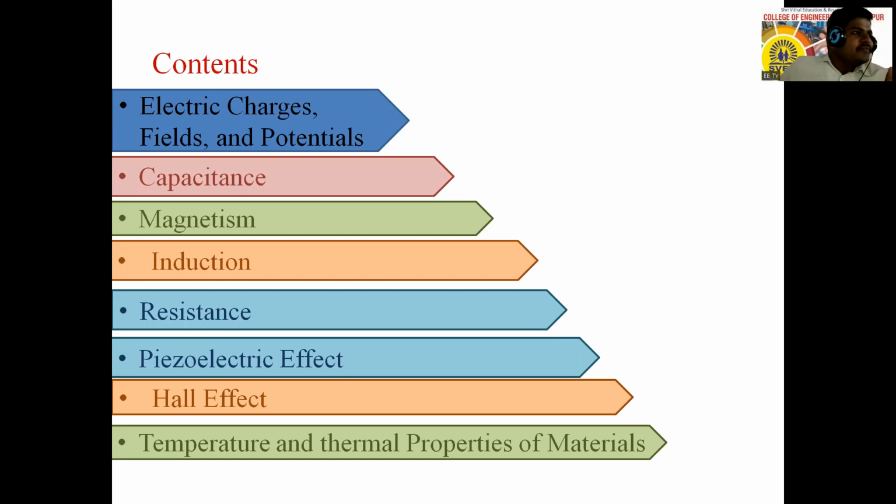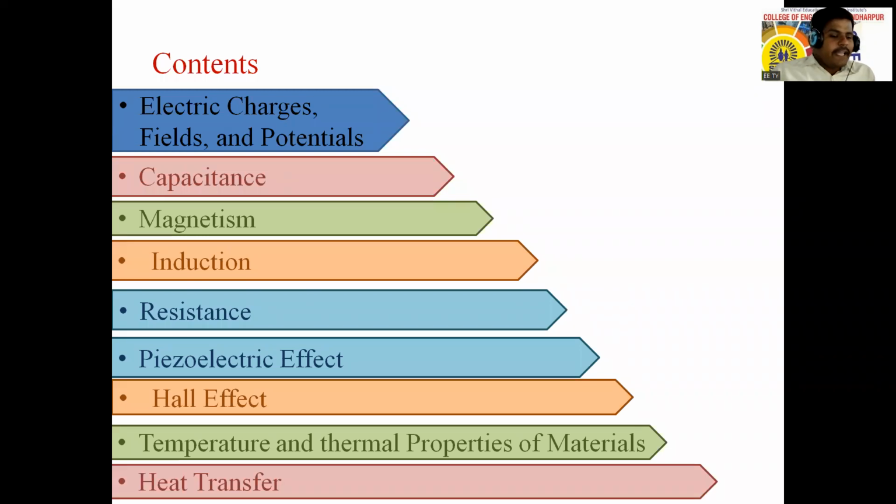So temperature, and what are the thermal properties of material? Some thermal properties of material, this point also we want to discuss. Then heat transfer. Do you know that there are three heat transfer techniques, or heat transfer methods? There are three methods, no? Which are those?